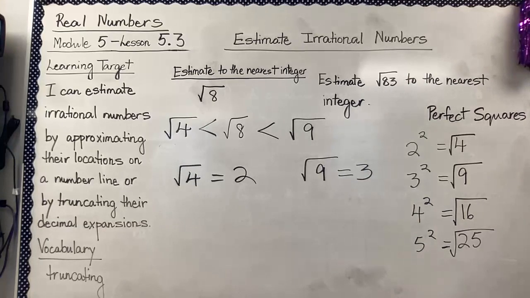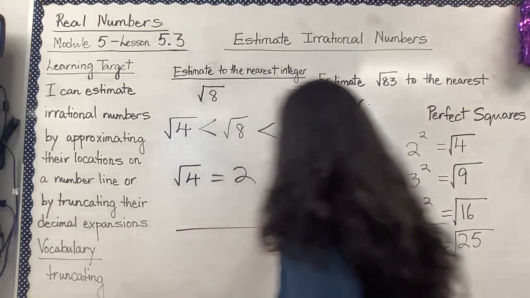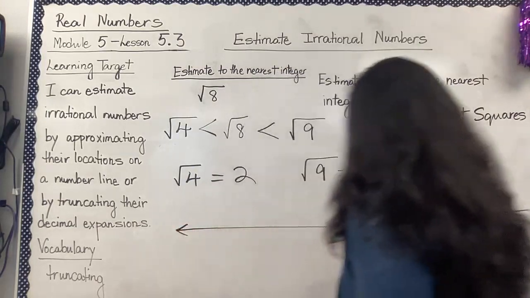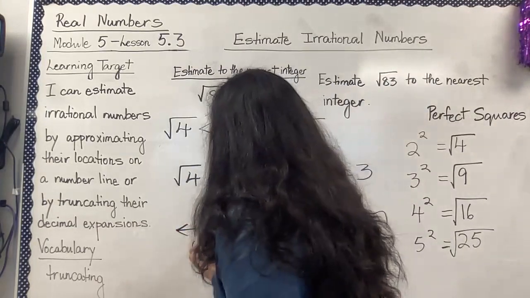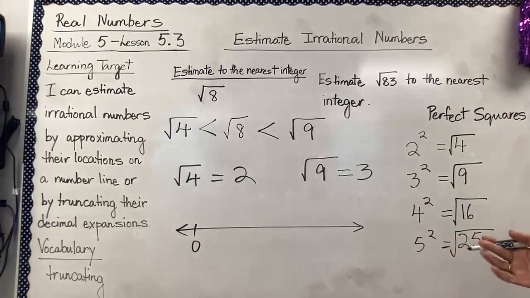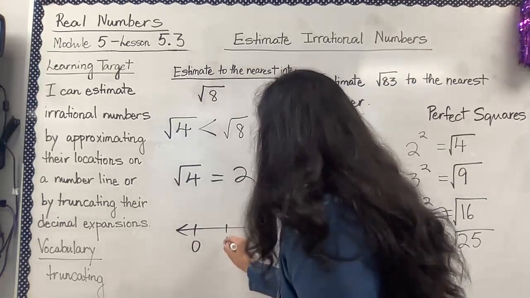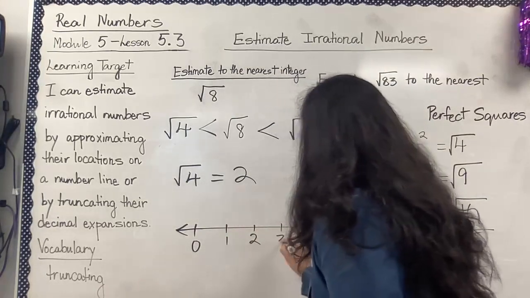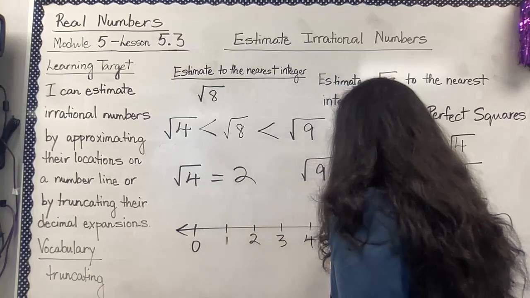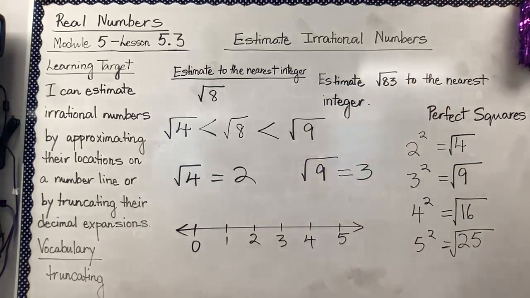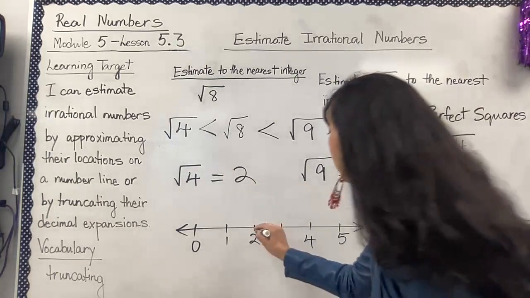So if I graph this on a number line, 1, 2, 3, 4, 5, etc., I know that the square root of 4 is 2.